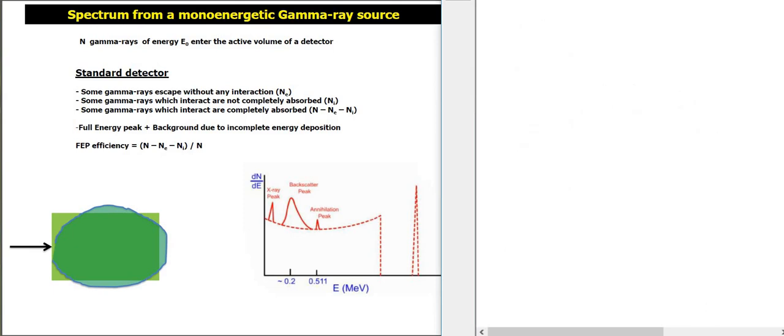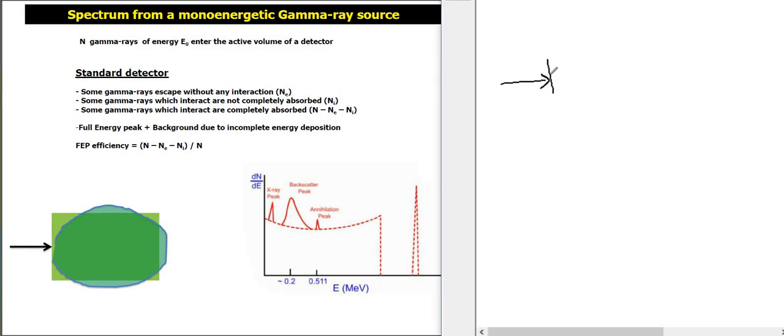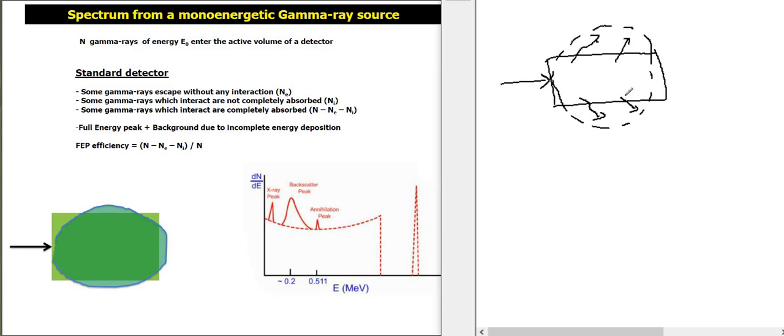And what happens in the case of a standard detector? Again, n gamma rays enter, but this time the interaction volume is actually bigger than the detector itself. So there is a possibility that some of the gamma rays, multiple Compton scattering, or the 511 keV, again Compton scatter, will leave the detector, right?